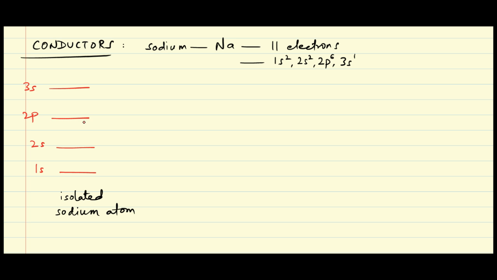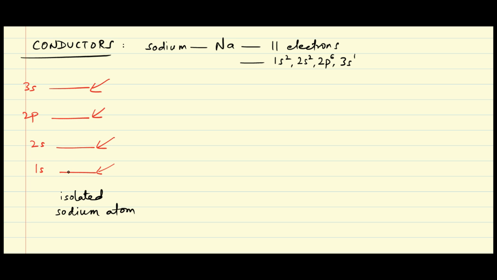The energy level diagram for an isolated sodium atom has been drawn over here. It's not drawn to scale, but there are going to be 4 energy levels in which electrons are present. So there will be 2 electrons over here in the 1s level, there will be 2 over here, 6 over here, and 1 over here.